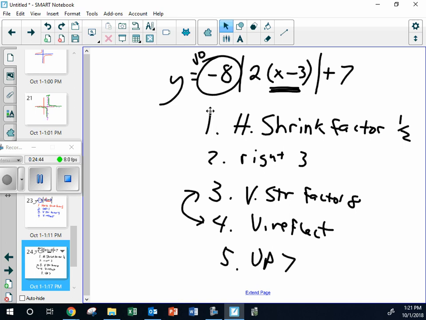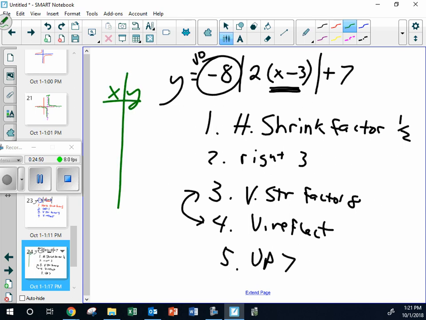Find 1 point that's on it. XY chart. Because if you just repeat that process, you find yourself 5 points, you graph them, you'll get the idea, oh, it's a V shape. And hopefully, you'll have found one of your 5 points will be that highest spot on the V shape.